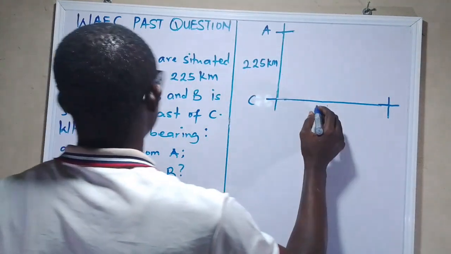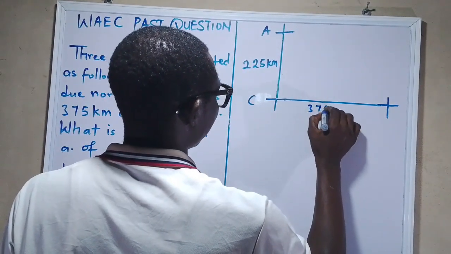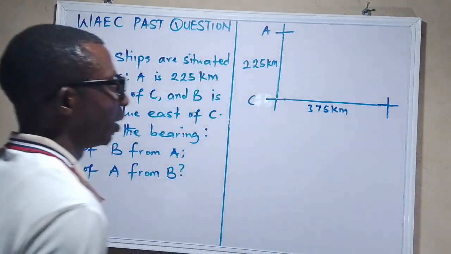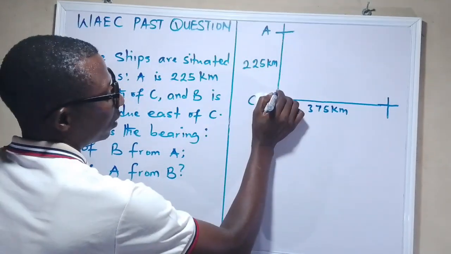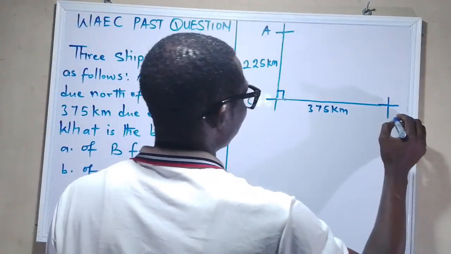So this is 375 kilometers. Okay, and this is a right angle. This is position B.